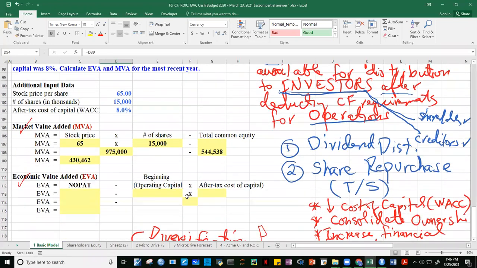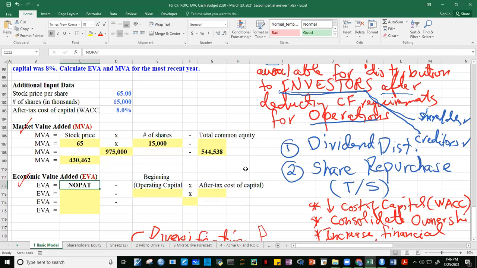Question. How was this generated, guys? How was your NOPAT generated? May capital bang provide sa management? Oo, di ba?